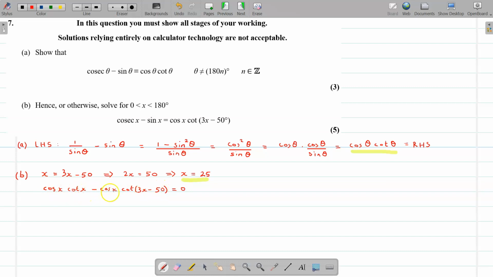So if these two are equal to each other, then if we subtract them, we get 0.